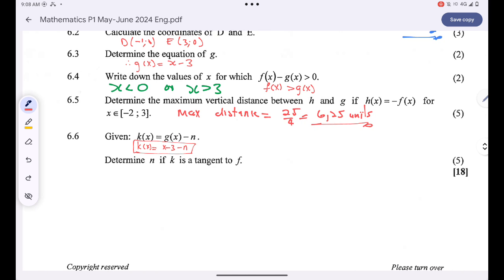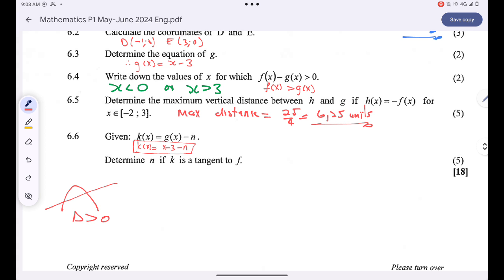Guys, the relationship between a line and a curve: if you have a curve like this, and your line intersects the curve, it simply means that delta for the intersection, please go back to your nature of roots, is greater than 0.